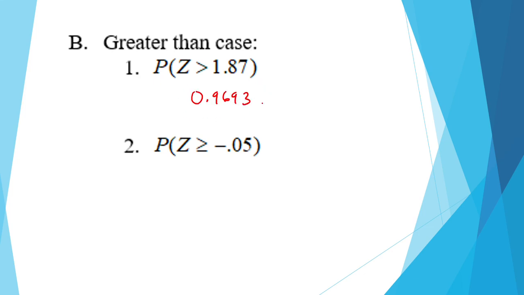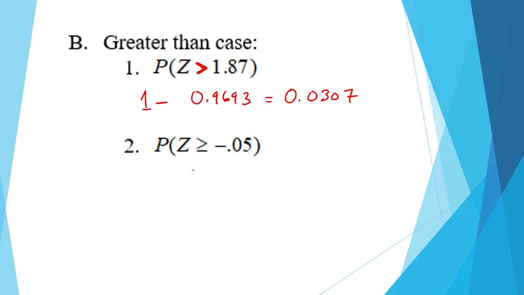But remember, that's not the area I want. I want the area on the right. So we'll subtract from 1. 1 minus 0.9693, and so our area is equal to 0.0307. This is the area to the right of 1.87.